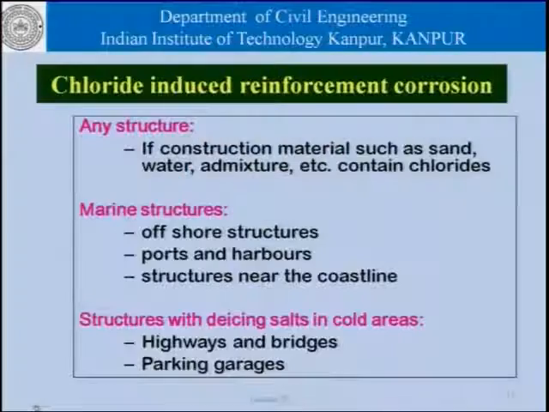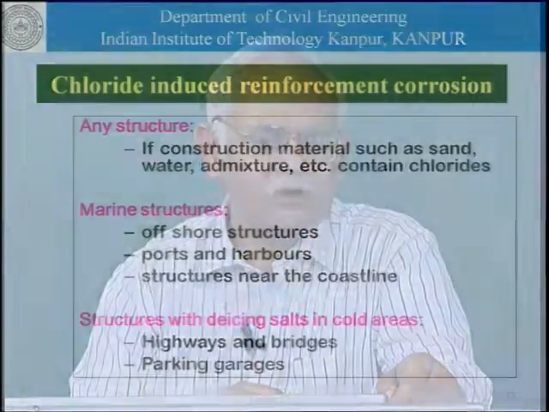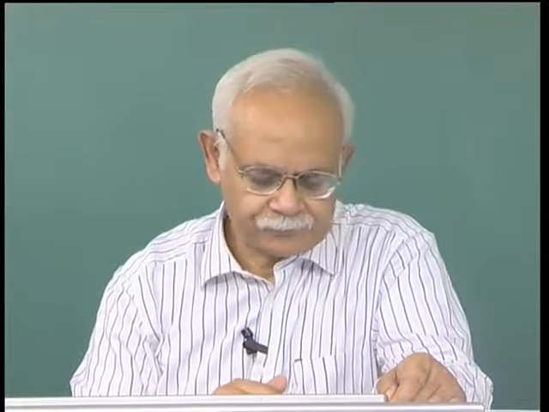Marine structures such as offshore structures, ports and harbors, and structures near the coastline are all susceptible to chloride induced reinforcement corrosion because of the presence of salt in the sea water.